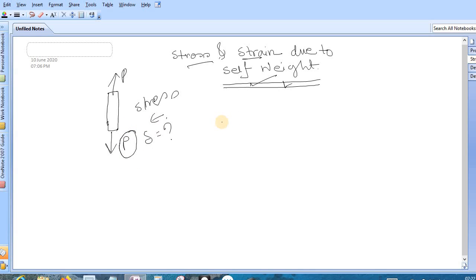Now let's say this is a bar and this is very long, so obviously its self weight definitely cannot be ignored. So we need to calculate the stress, strain and also the deflection due to its self weight. This is the reason why we should learn how to calculate the stress and strain due to self weight.